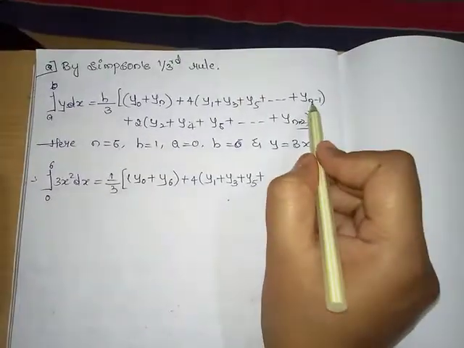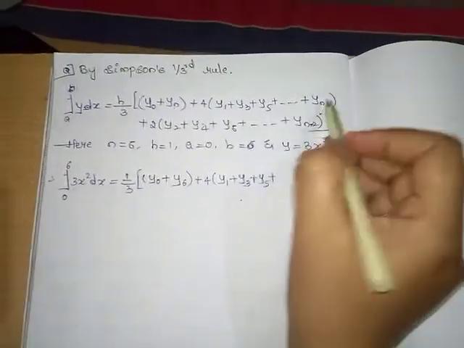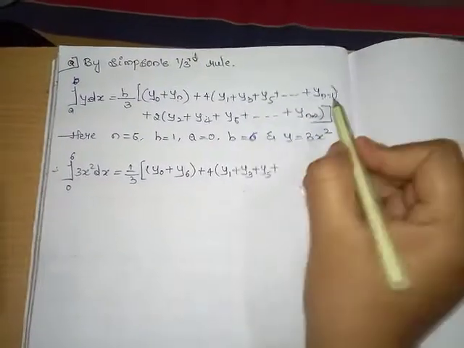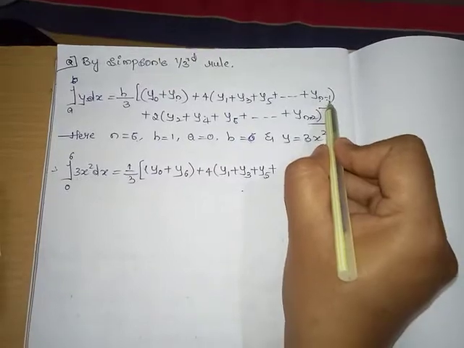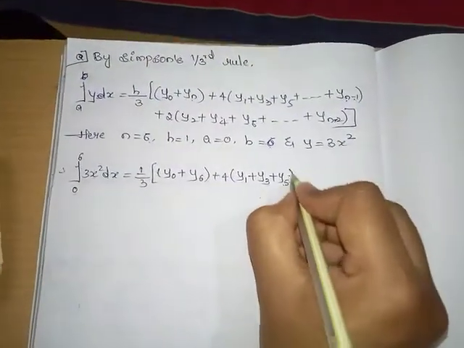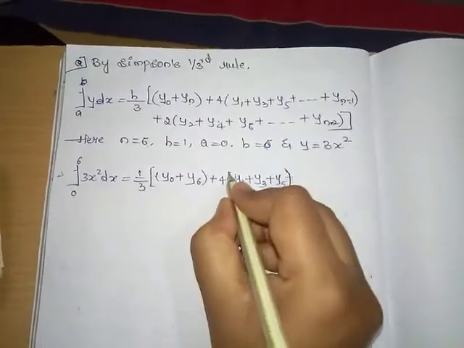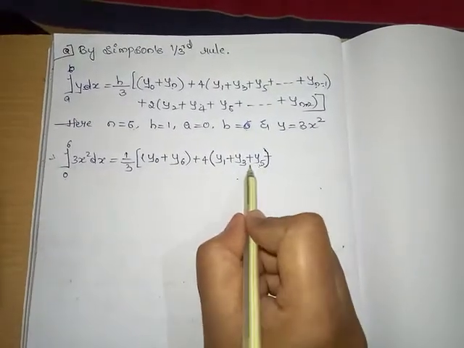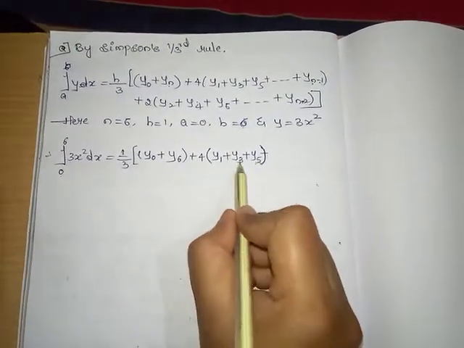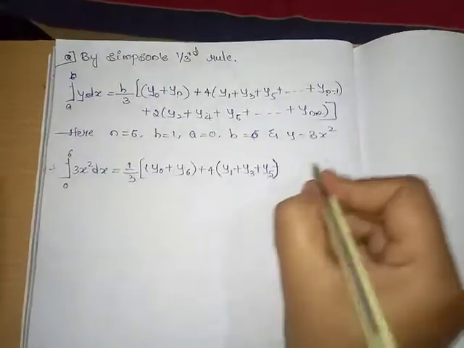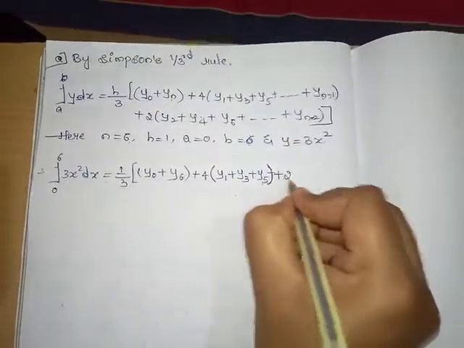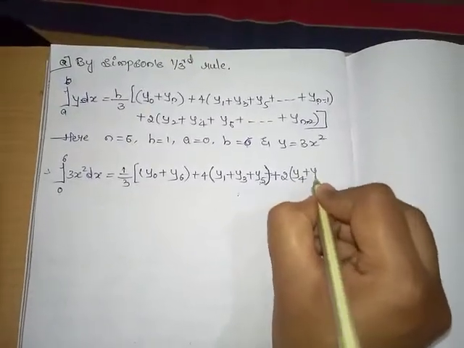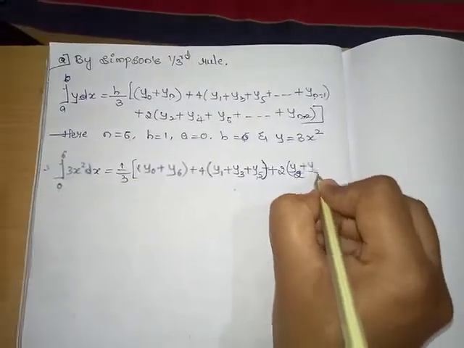See here we have to write the terms up to n minus 1. Here n value is 6. N minus 1, 6 minus 1 is what? 5. So therefore for this given particular example we have the terms here up to y5, y1 plus y3 plus y5, plus 2 into y2 plus y4.